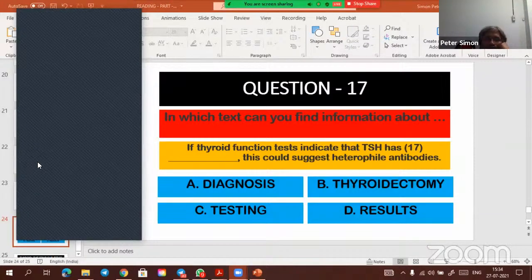All the words I told you, are they there or not in the question? Indicate means direct, point, show, reveal. Point, show, signs, symptoms, cues, clues.